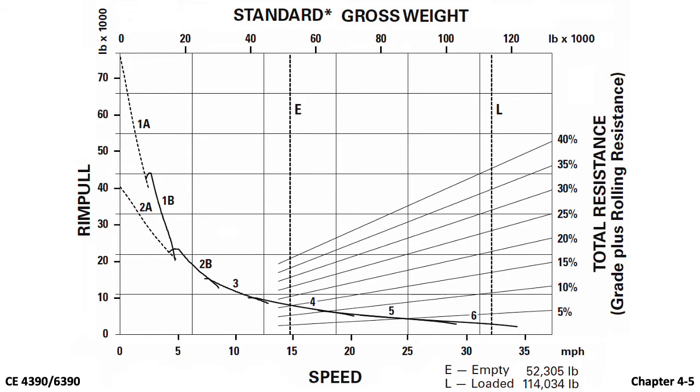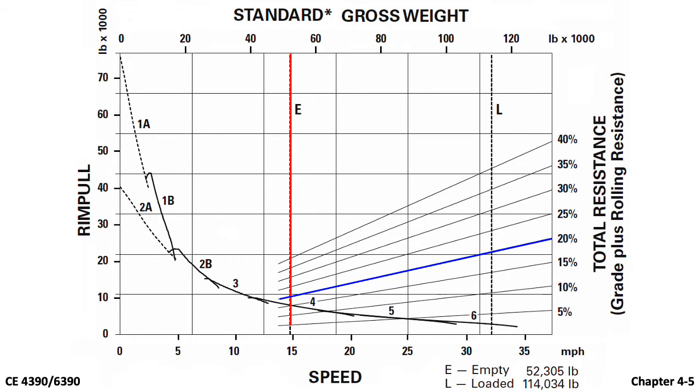Now I'm gonna show you how to use this chart to find the speed. First step, you need to find the inclined line corresponding to the total resistance. So let's assume a total resistance of 20%. Next step, you draw a vertical line at the total weight. So let's assume that the truck is empty, so the vertical line is exactly at the E line.